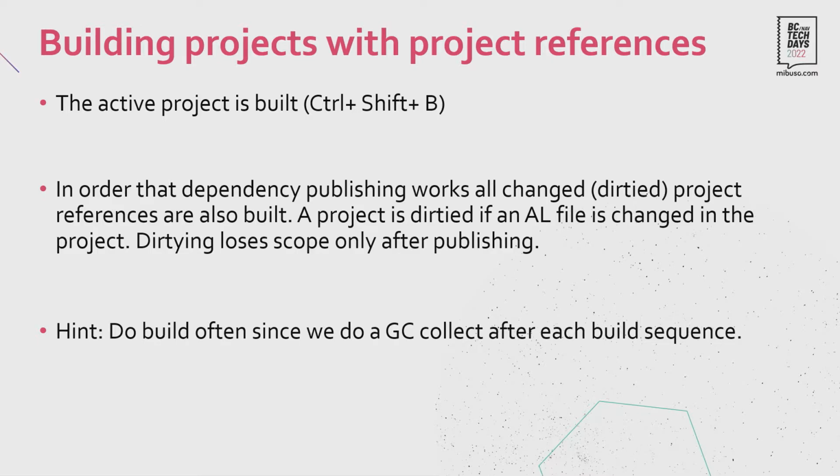And I have a hint for you: do build often on large projects, because at the end of each Control-Shift-B build, we are going to do a GC collect, and that is supposed to release your memory.